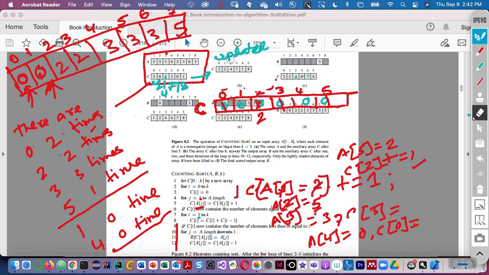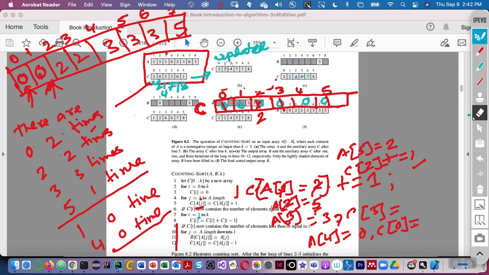So my question is, do you understand this? So this C, the previous C was easy to understand. It told us how many occurrences: 0 occurs 2 times, 1 0 times, 2 2 times, 3 3 times, 4 0 times, 5 1 time.